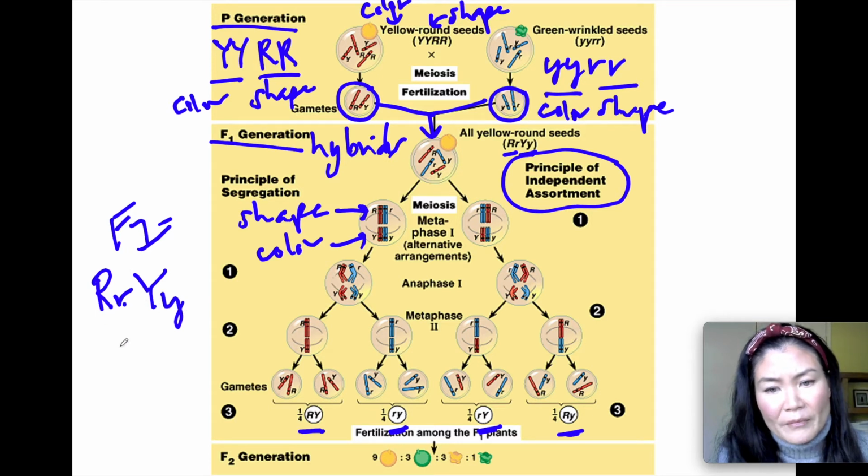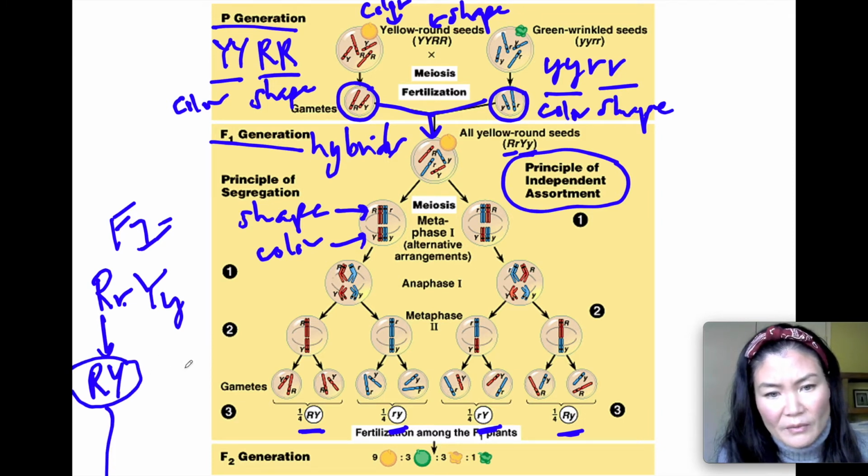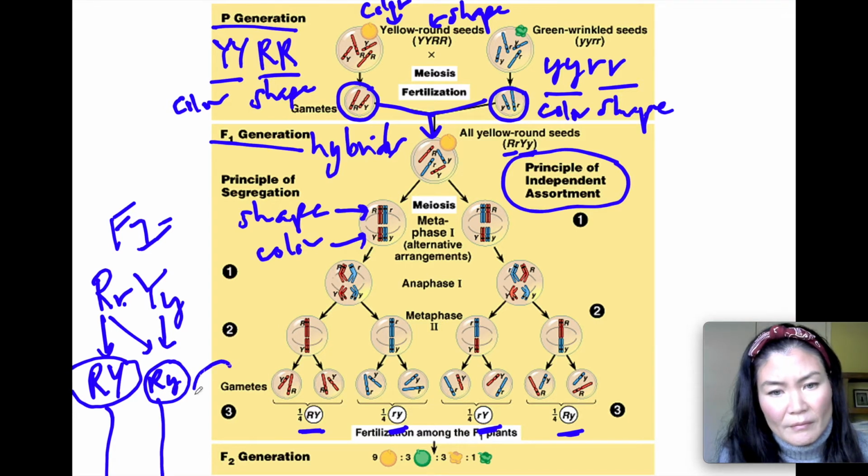And so there are 4 different kinds of gametes that they can produce. Let's just draw them like sperm. Big R, big Y, or big R, little y, or little r, big Y. This is going to get really messy, guys.